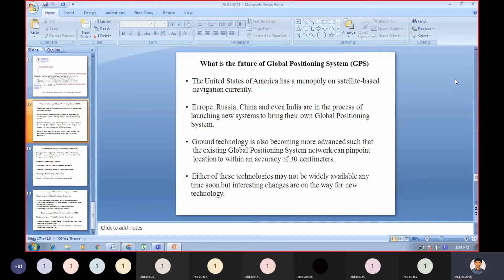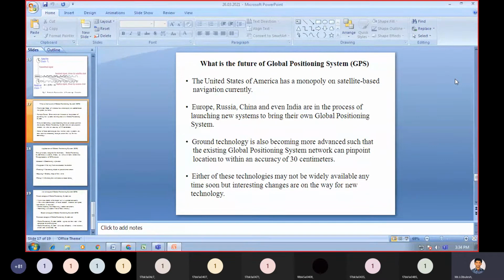So before these four countries launch a new system to bring their own global positioning system, they're following only the United States of America GPS. Until then, America has a monopoly on satellite-based navigation.